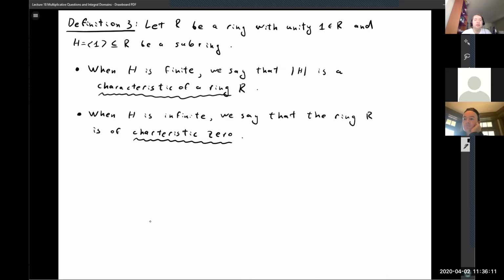And actually more than that, we can describe H up to isomorphism purely based on its cardinality.